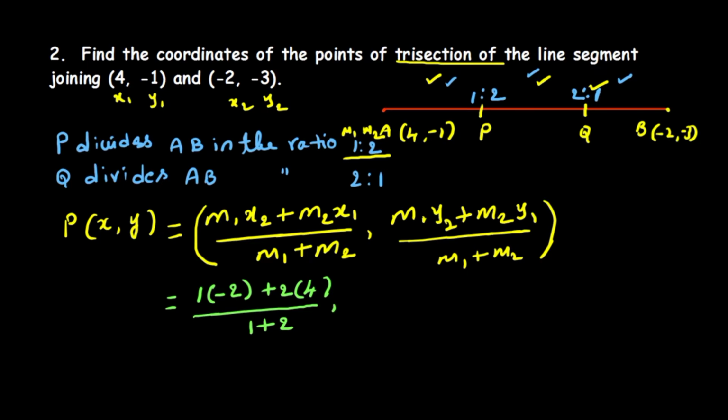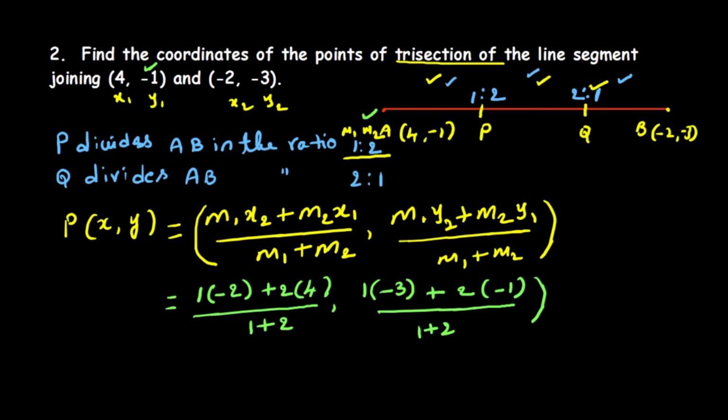And m1 y2: m1 is 1 and y2 is -3, plus m2 which is 2, and y1 is -1, divided by 1 plus 2.